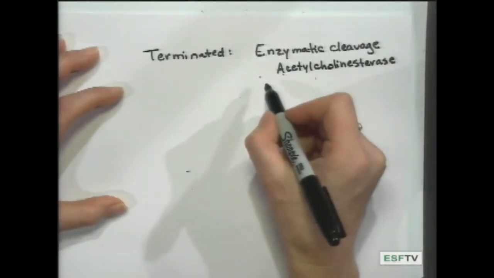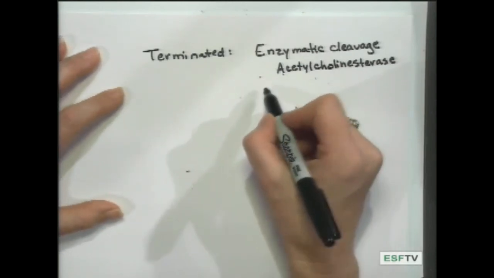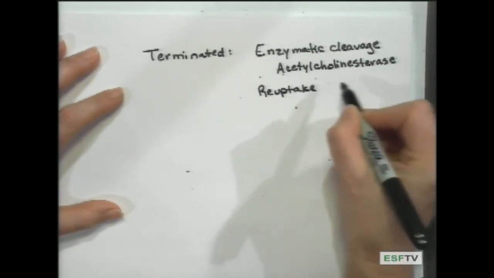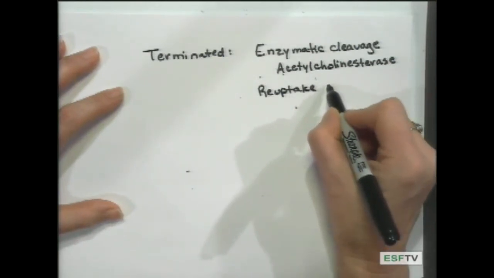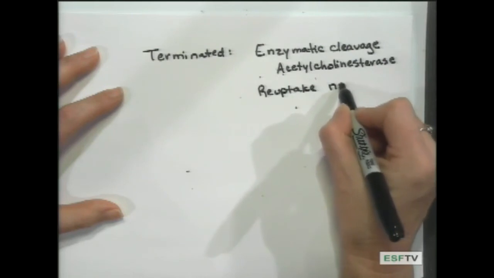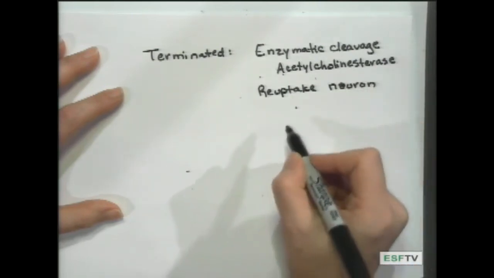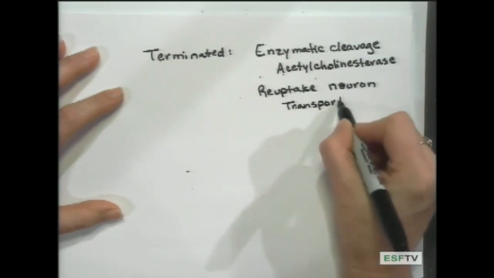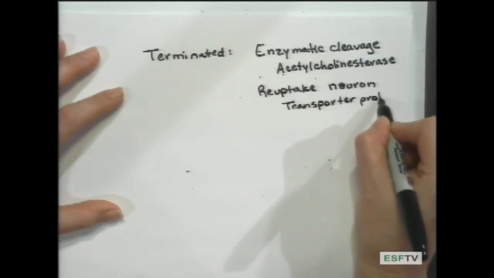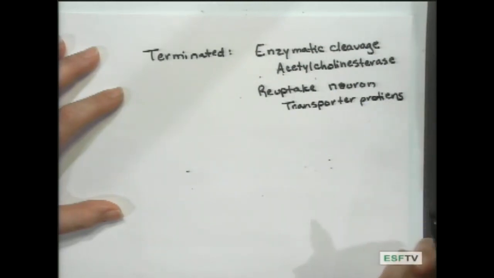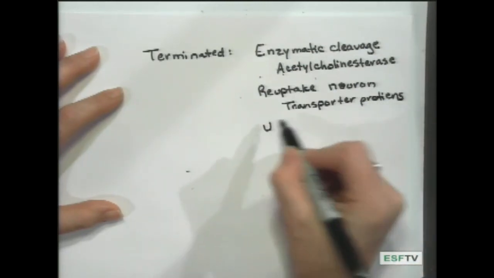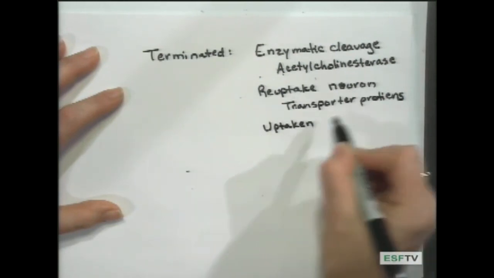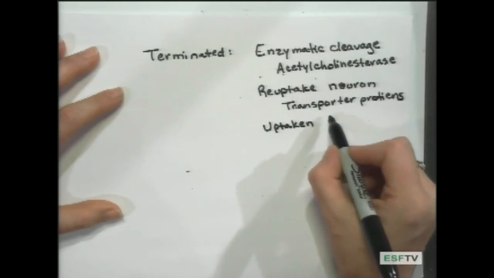It can also be terminated by reuptake by the neuron, and this is done via transporter proteins. And the neurotransmitters can be taken up by adjacent glial cells.